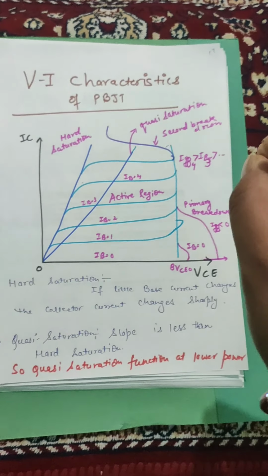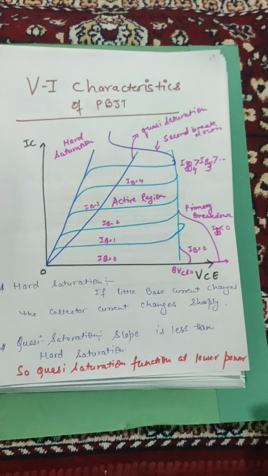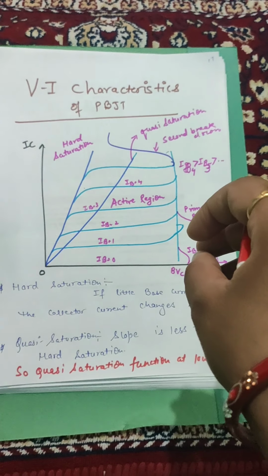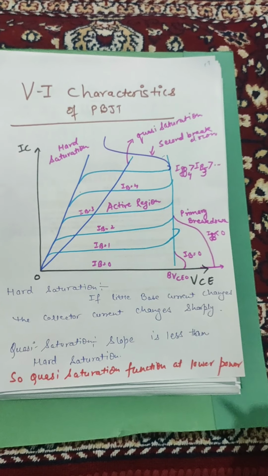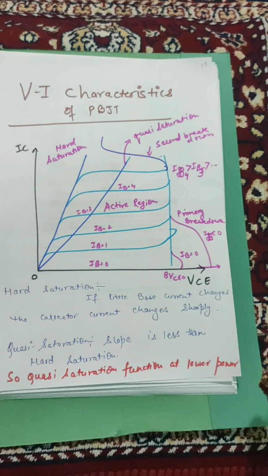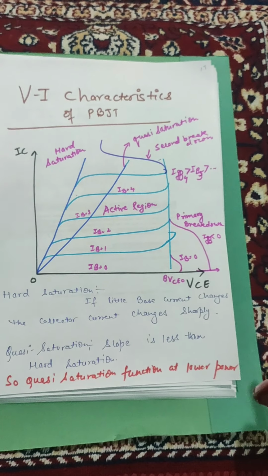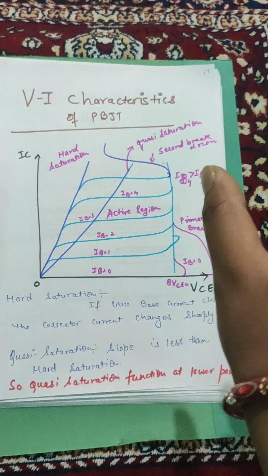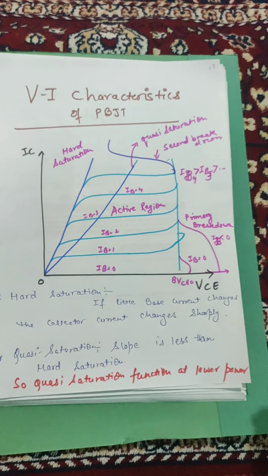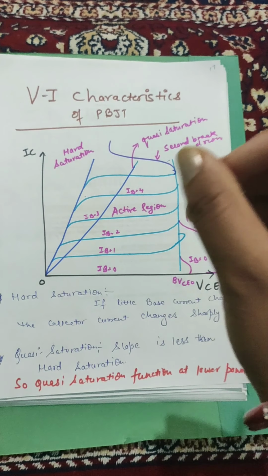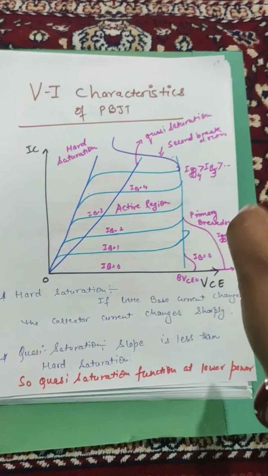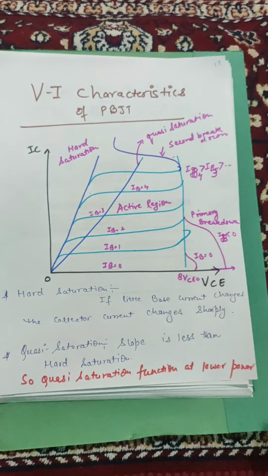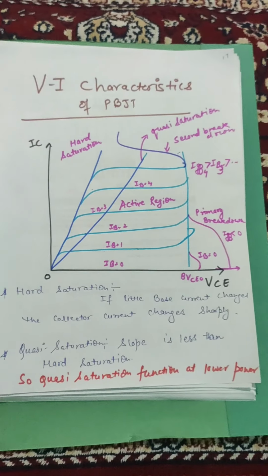If collector current suddenly changes with respect to change in base current, that is called hard saturation. Quasi saturation has a slope less than hard saturation, much lower, and works at lower power. So this is the VI characteristics of power BJT.